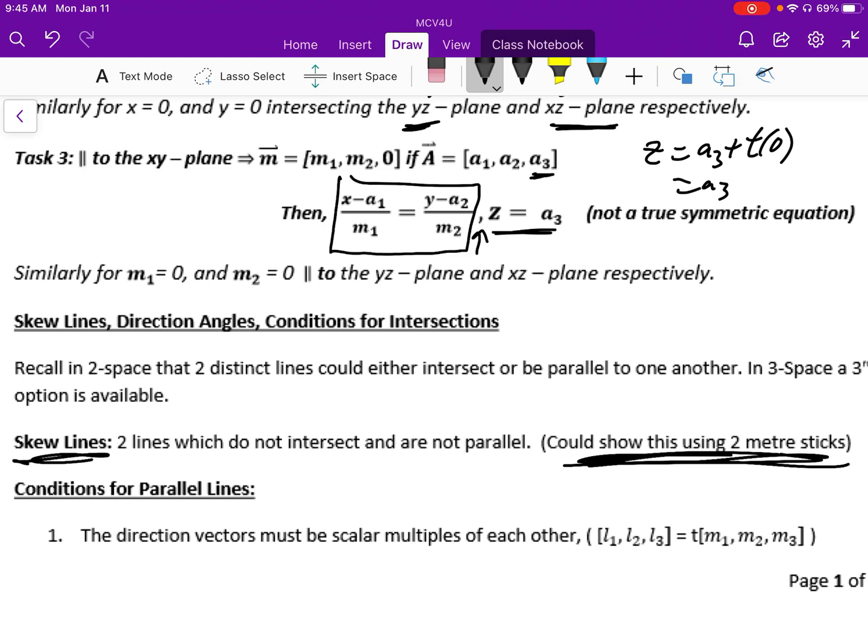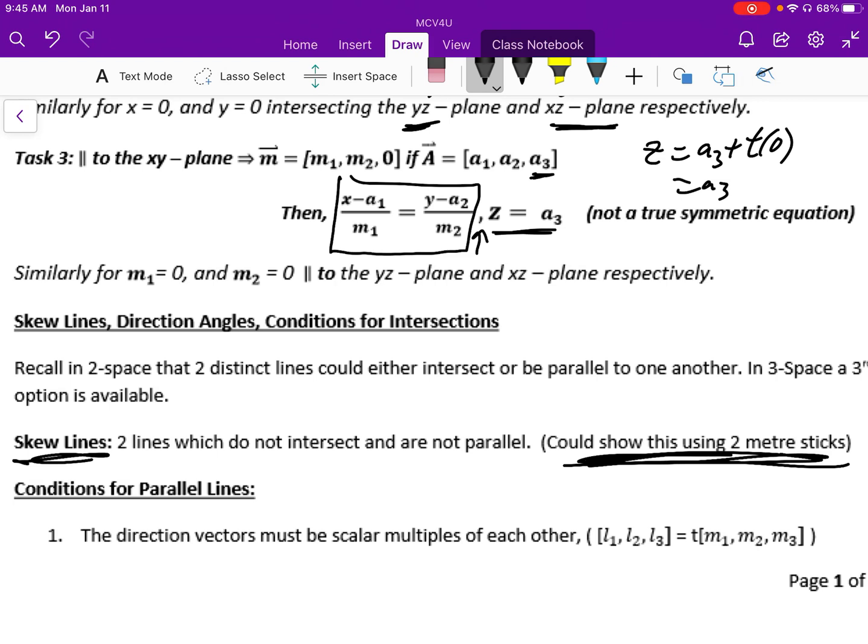Okay, but from here on, you're going to be looking at two lines. You could be given two lines, and they're either going to be parallel or the same line, or they're going to intersect or they're skew. They work in pairs that way.